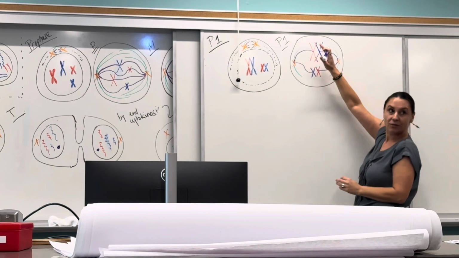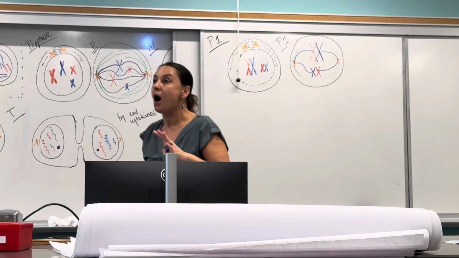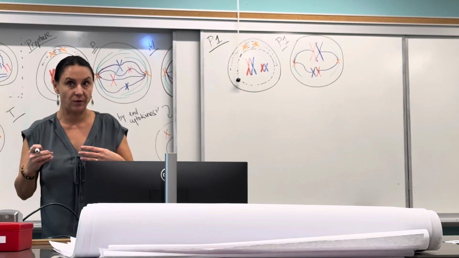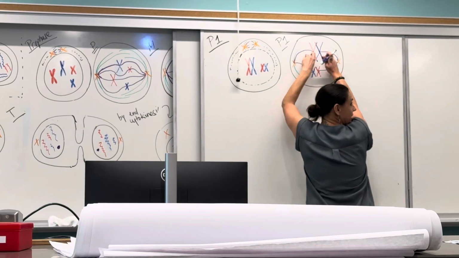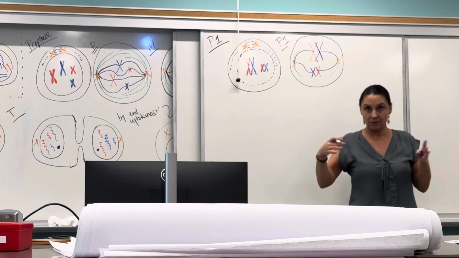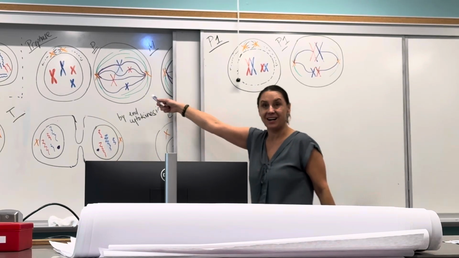So what these meiotic spindle fibers are attaching to are the tetrads, from each opposite pole of the cell. Or another way to say it is to the homologous pairs here and here. Is that clear? And then what do the meiotic spindle fibers do? They do that whole tug of war thingy, just like they did here.